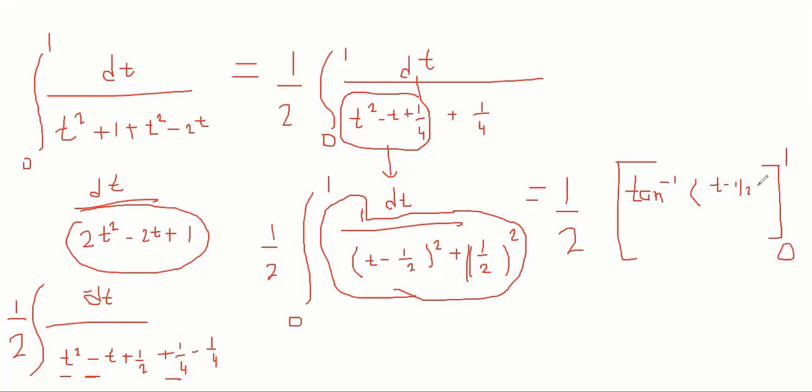You can also substitute t minus half equal to something, it is the same thing. That's it. So half of tan inverse t minus half by half, between 1 and 0.